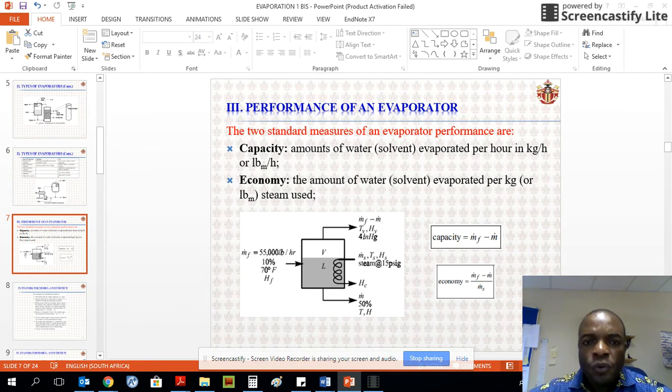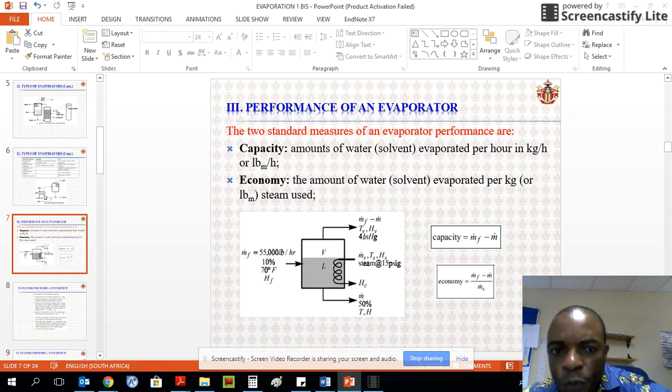Now, how do you characterize the performance of your evaporator? How do you tell whether evaporation is being undertaken properly? There are 2 measures of the performance of an evaporator. The first one is what we call capacity.